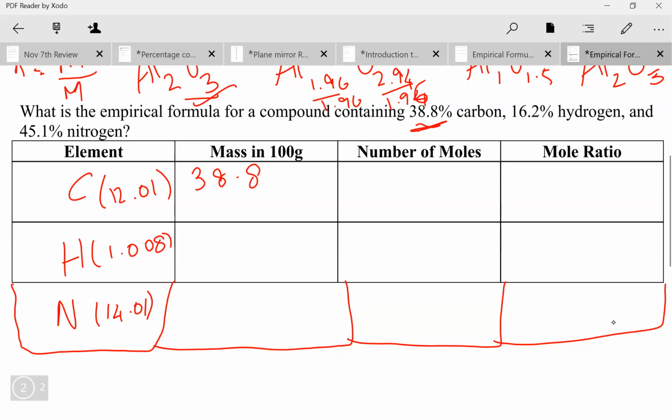So I'm just going to take the percent and substitute those numbers right into our mass in 100 grams. So we're not going to worry too much about what we're doing there. To find number of moles, I'm going to do mass divided by molar mass.